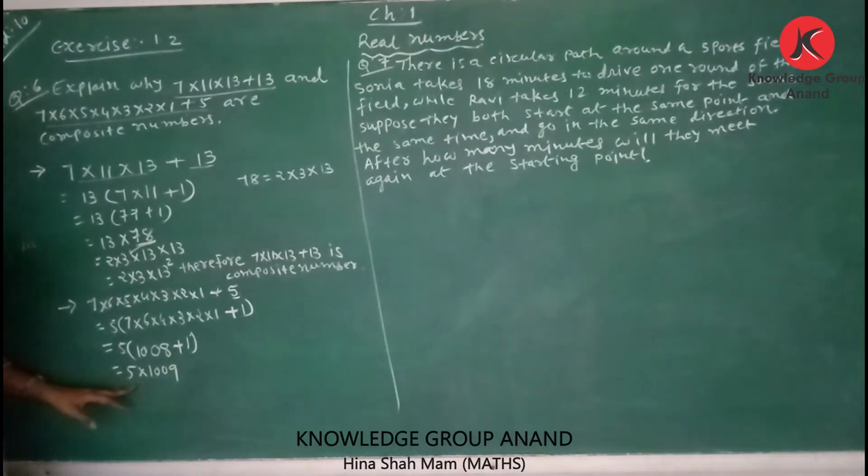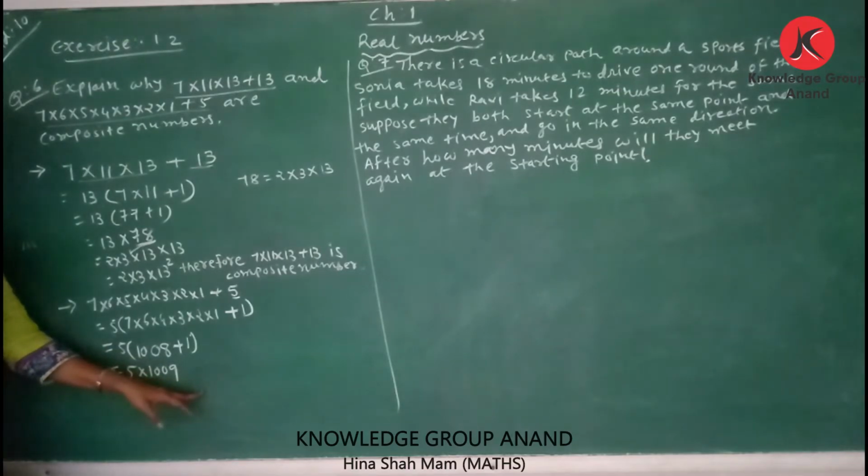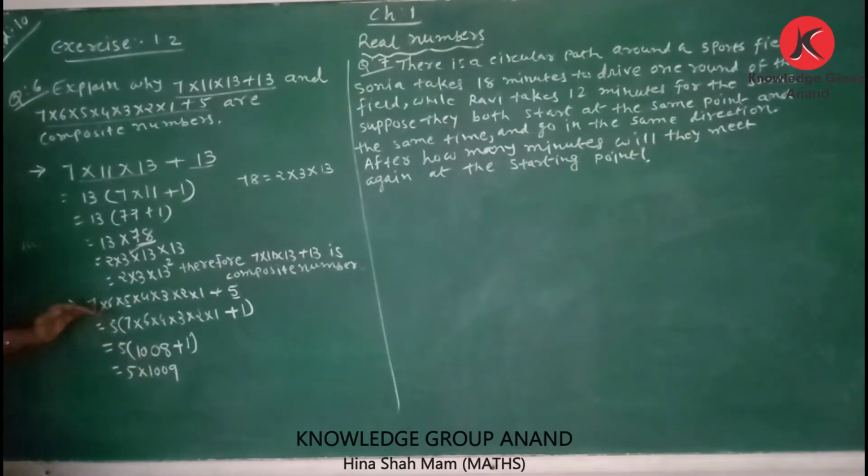5 is a prime number. 1009 is also a prime number. Therefore, it has more than 2 factors, not just the number itself and 1.